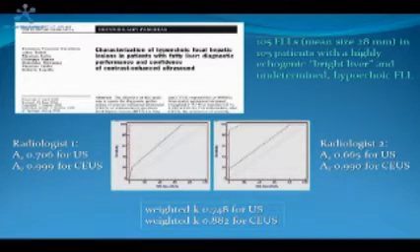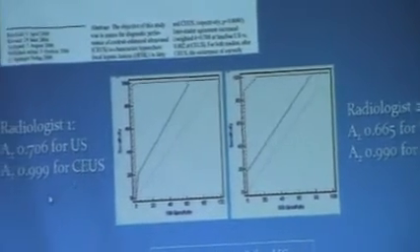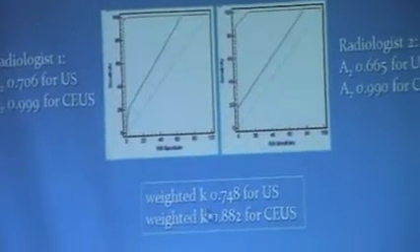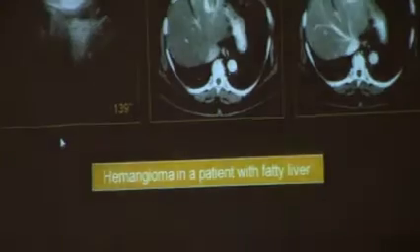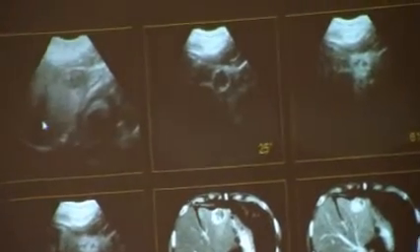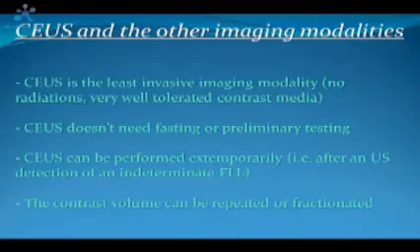Also in this other paper with a lesion on bright liver background, hypoechoic lesions, there was an improvement in the accuracy, in the area under the curve and in the kappa between the two reviewers. This is just an example of an undetermined lesion on fatty liver background, which turned out to be a hemangioma.